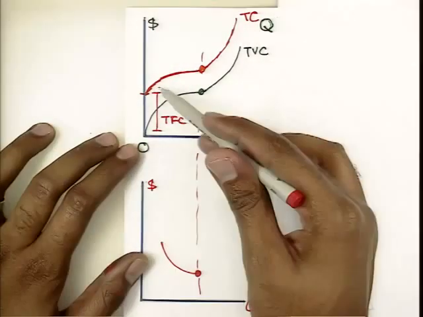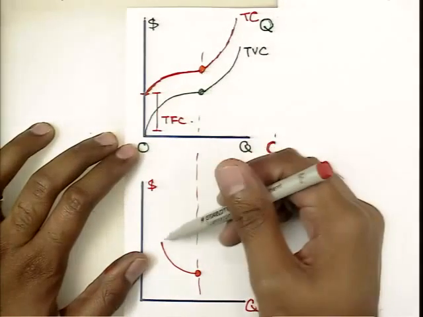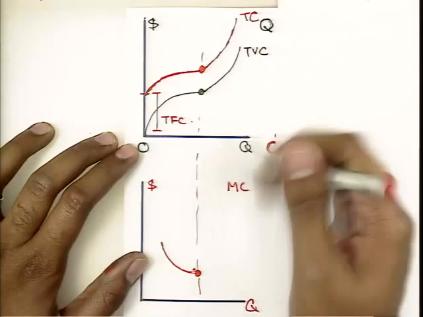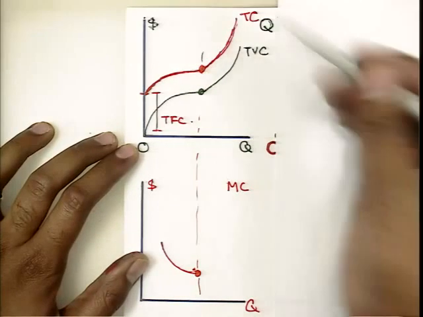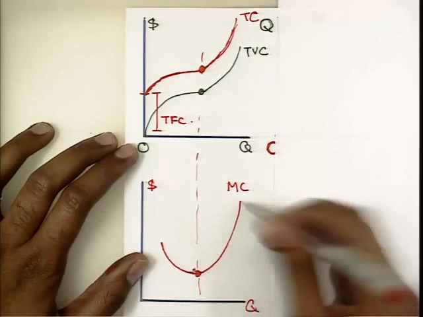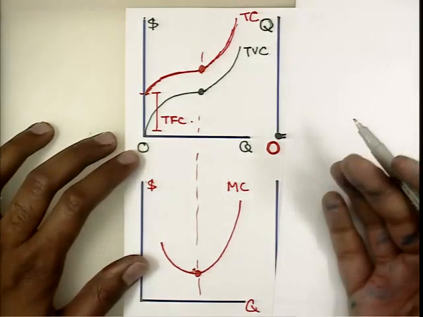Why? Because cost is increasing at a very slow rate. So your extra cost is actually falling. After a certain point, cost begins to increase at an increasing rate, so your marginal cost begins to rise. So your marginal cost curve has this J shape.